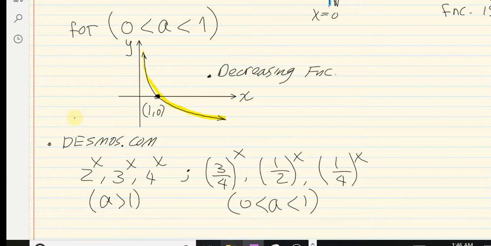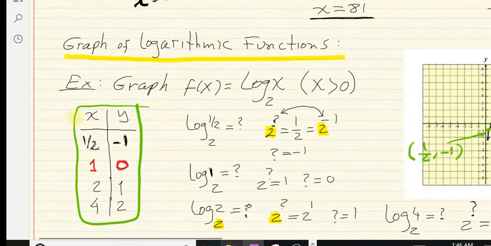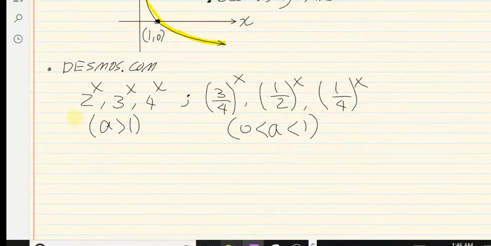Now, we're going to go to Desmos and actually graph these six functions, and hopefully you see the general pattern of what this is going to look like. Since we're doing logs, let's not do 2 to the x, 3 to the x, 4 to the x. I'm going to change that.